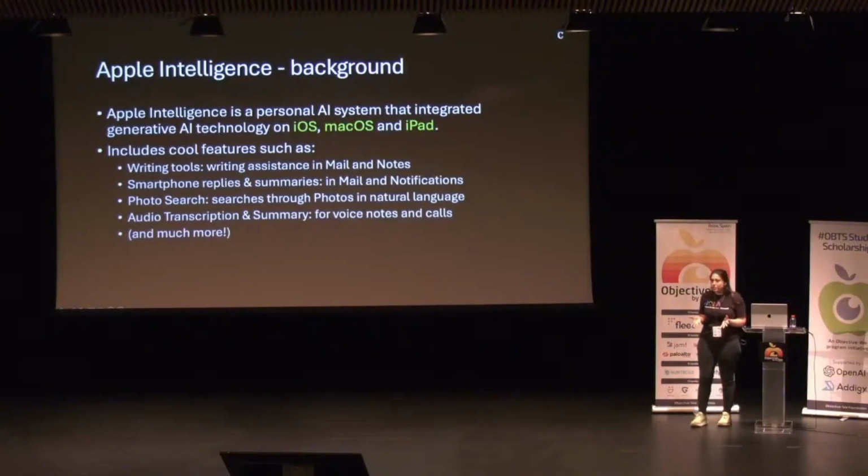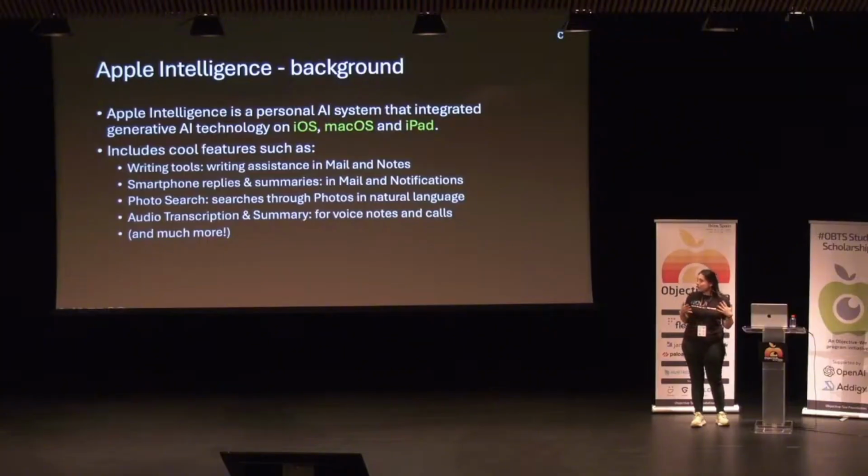So what is Apple Intelligence? You've probably heard of it, but it's essentially a generative AI built-in technology on iOS, iPadOS, and macOS, and it's supposed to be your AI personal assistant to make your life more convenient. If you lock your computer and walk away from it and you come back, maybe you see a little summary of your notifications, which could be pretty helpful if you missed an important message from your manager because your lunch went a little too long.